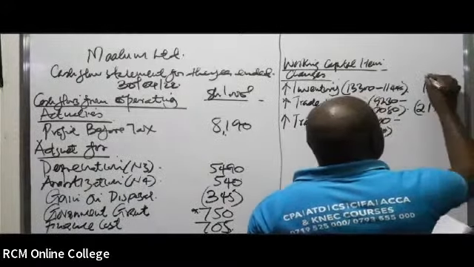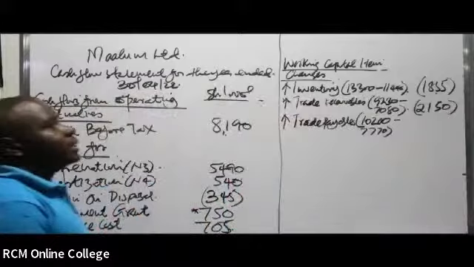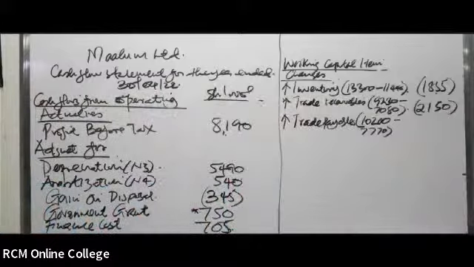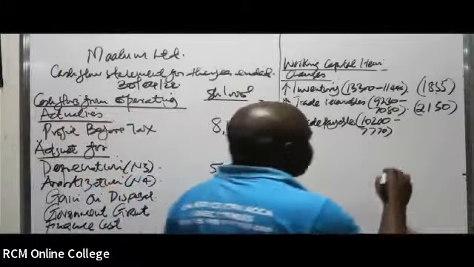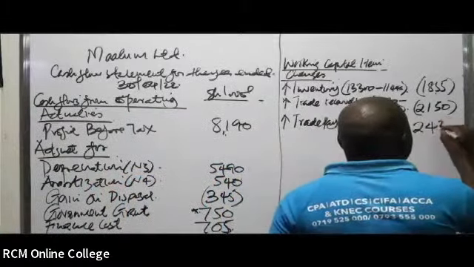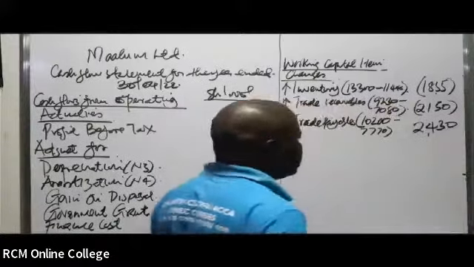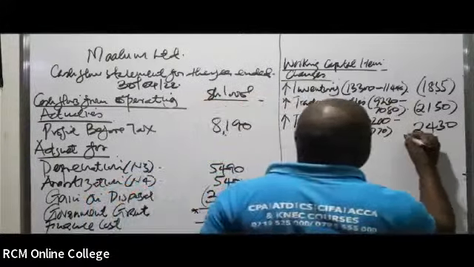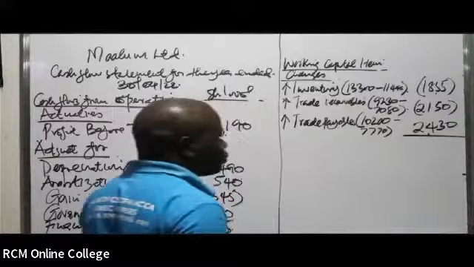Both of them we deduct, because they are increases in current assets, while the increase in the current liability, the trade payables, we add, an amount of 2430. So you'll be able to get a total here.